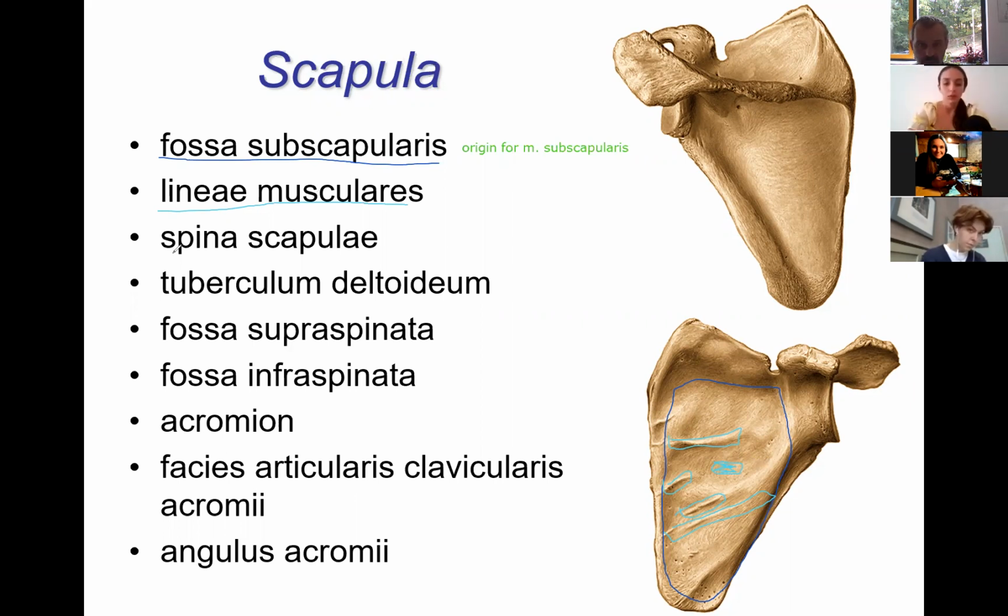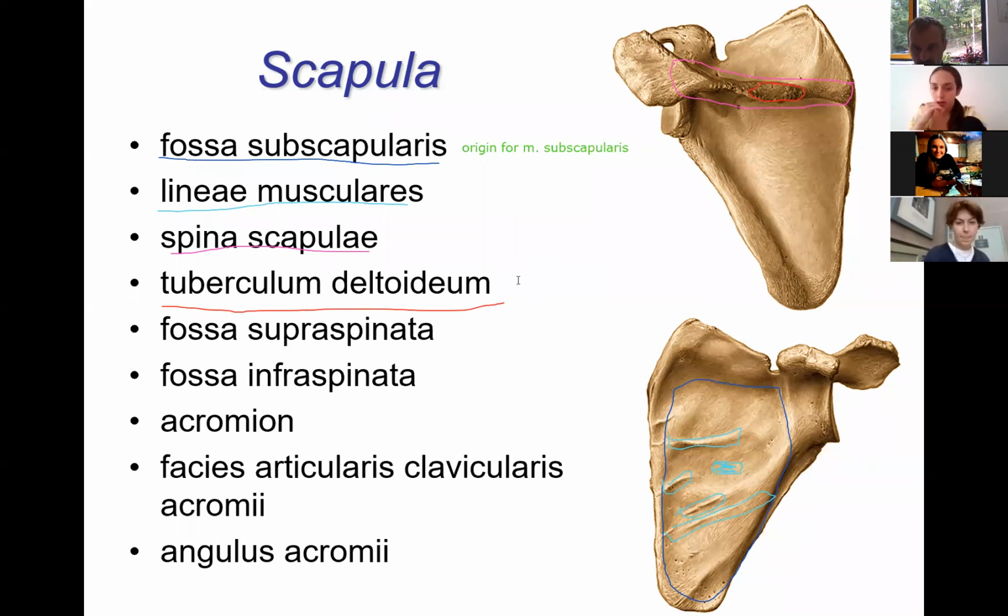Okay, what is the spine of the scapula? It's this whole structure. It's enlarged here as a deltoid tubercle. The deltoid tubercle serves as the origin of the deltoid muscle.